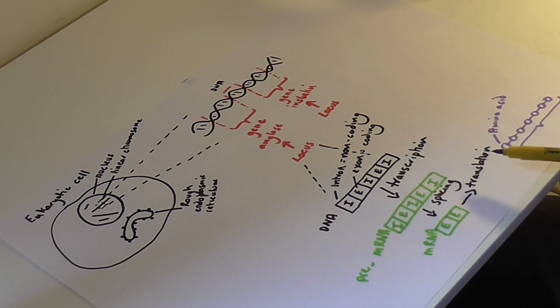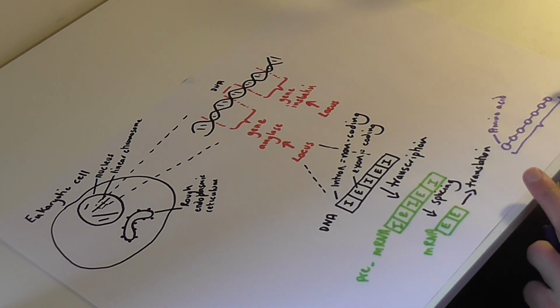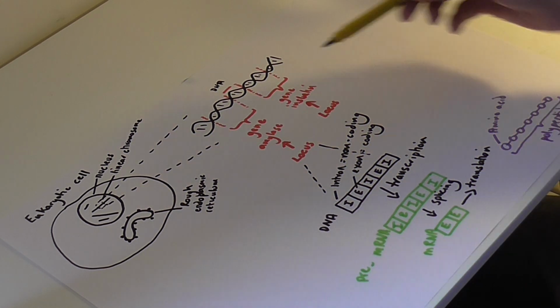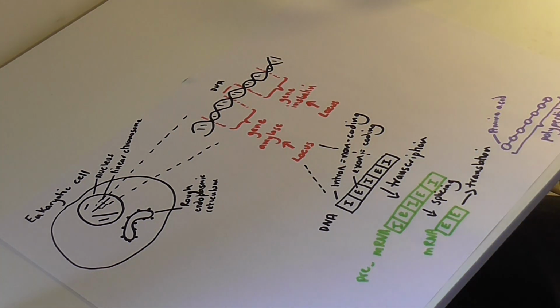We'll look at the details of that later on. We then get our specific sequence of amino acids, which is going to code for a specific polypeptide. That polypeptide will form the amylase enzyme.